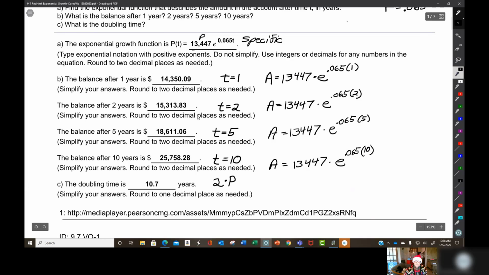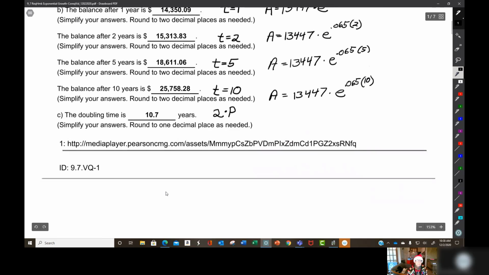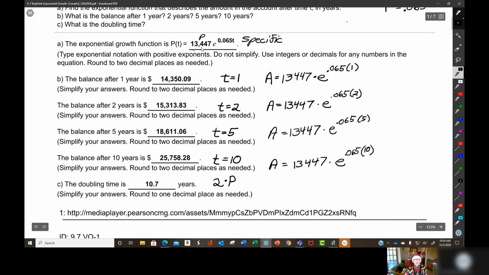And then after we've done that, we're going to find the doubling time. And this might be a new term for you, or it might not because you work in a bank. Doubling time is how long it takes the principal to equal 2 times itself. So we're going to find how long that $13,447 needs to be in the bank before the amount of money is 2 times $13,447.